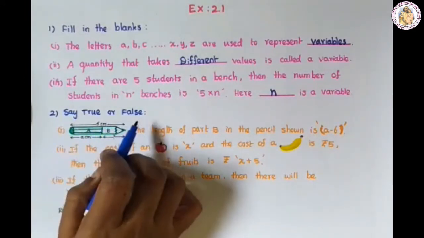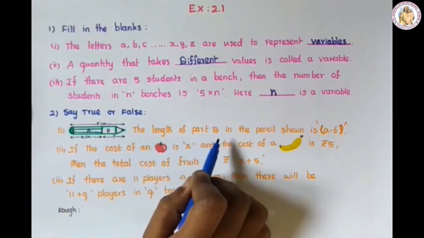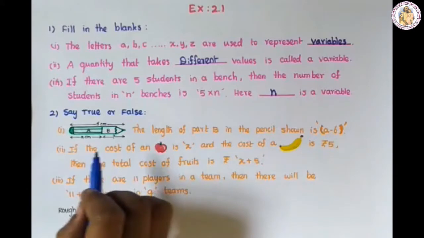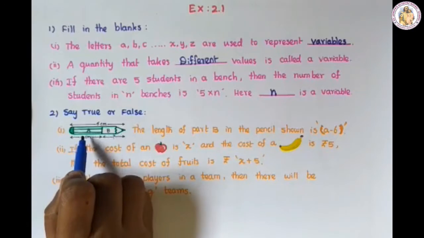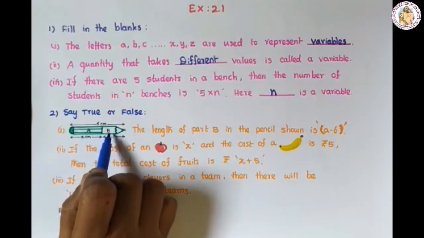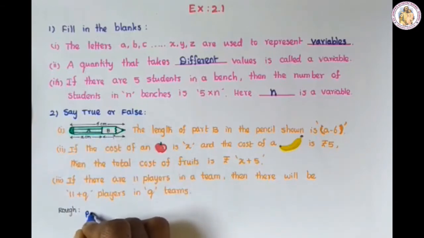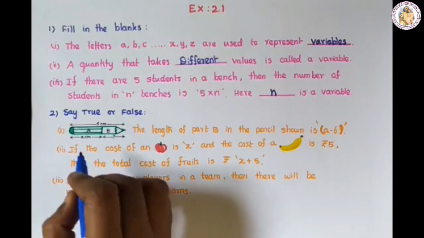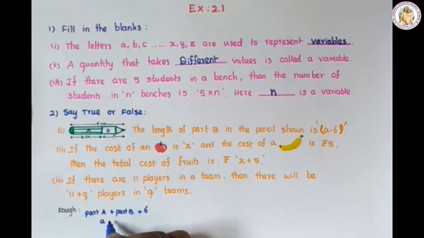Second question, say true or false. Listen, they have given a picture. The length of part B in the pencil shown is a minus 6. Look at the picture, part A and part B. Part A plus part B is totally 6 centimeters. They have given the length of part A as a centimeter.